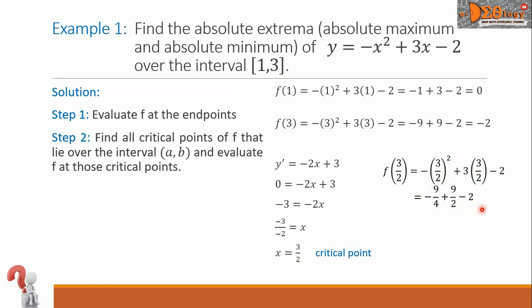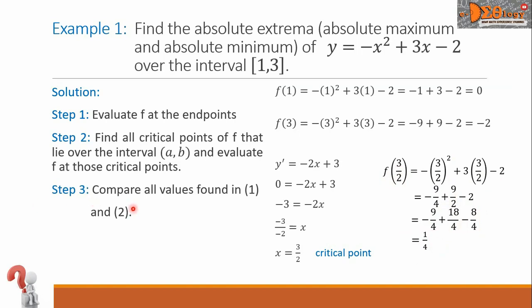In the next step, let us show that we have equivalent fractions of the same denominator. So we have negative 9 over 4 plus 9 over 2 becomes 18 over 4, minus the whole number 2 is now 8 over 4. Combining like fractions, we have the final answer to be 1 over 4. So f of 3 over 2 is equal to 1 over 4.